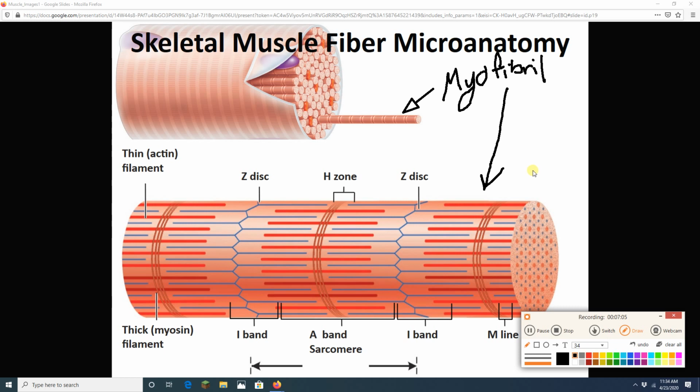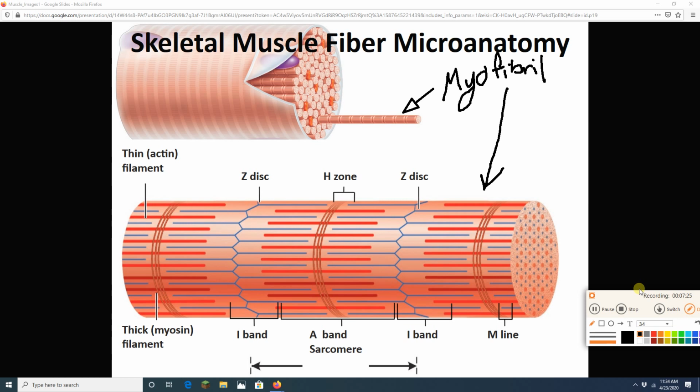This is another myofibril. And remember, the myofibril had striations. We can see the striations on it. So we can see the striations here as well. And the striations are the result of the arrangement of actin and myosin. Okay, in this diagram of myofibril, the blue lines are made of actin.